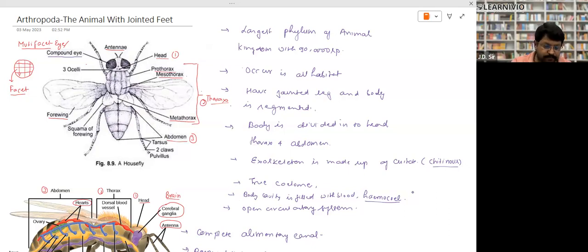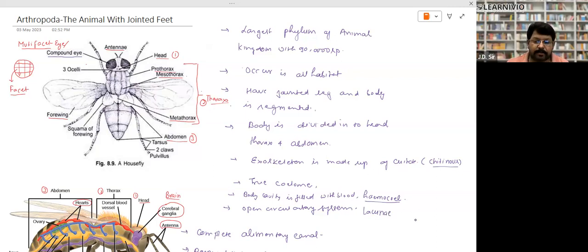There are some spaces called lacuna, L-A-C-U-N-A.